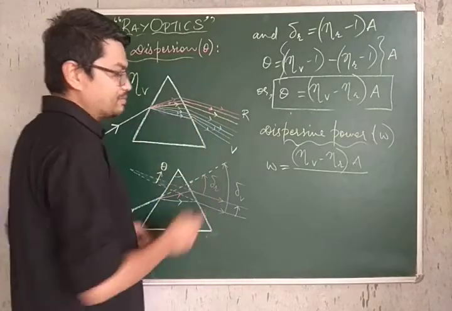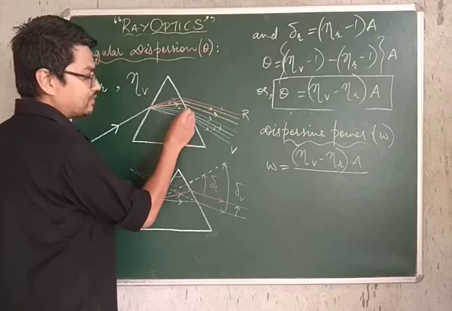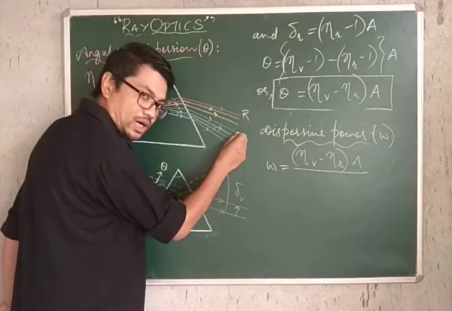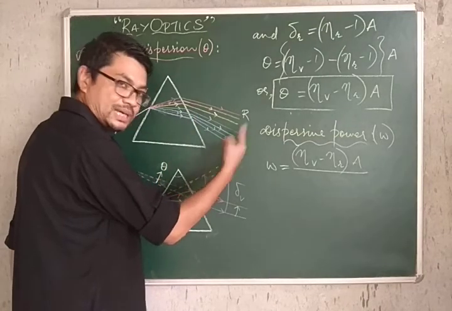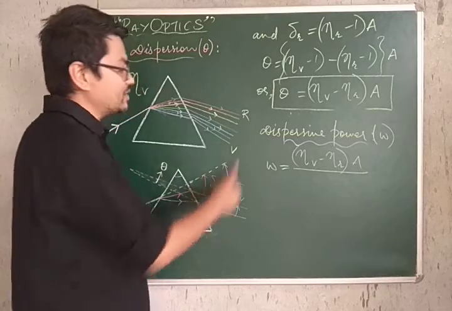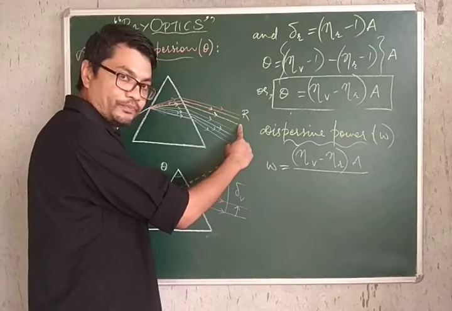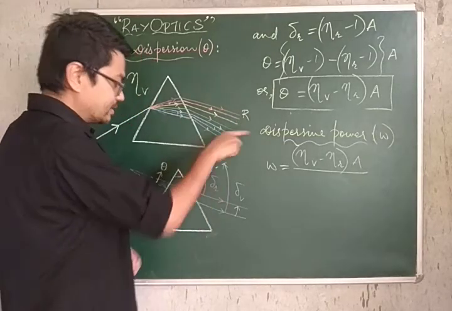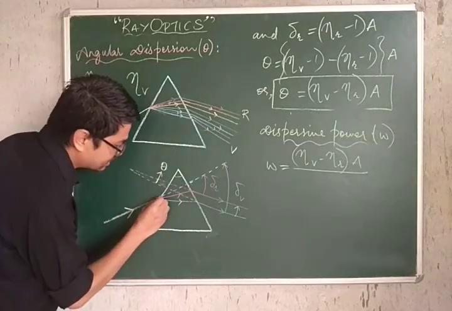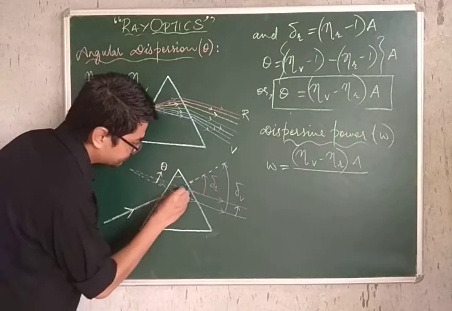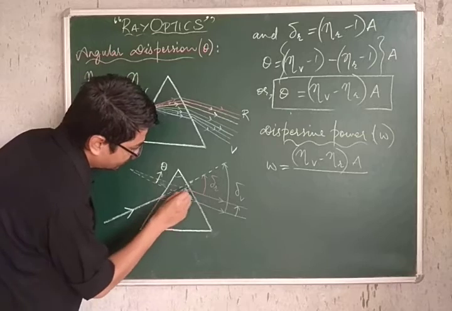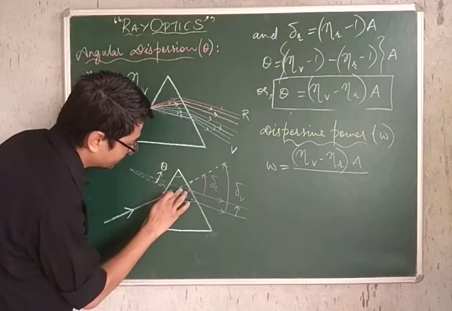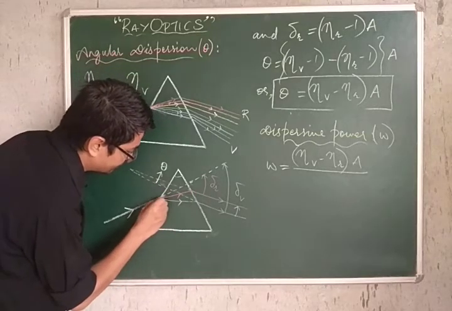Now considering thin prism, the mean ray of light in VIBGYOR is supposed to be green, but we take the mean ray of light to be yellow. So the yellow is somewhere over here.